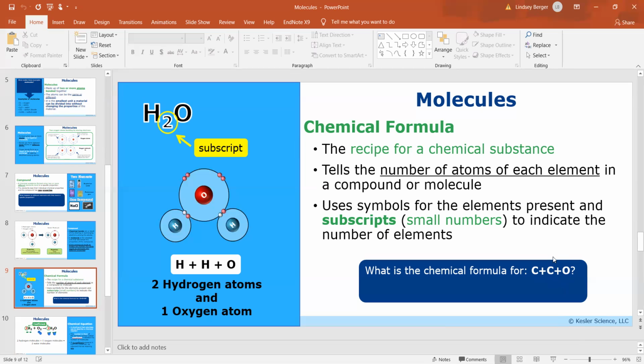How should I write that? So remember, C is carbon and O is oxygen. There are 2 C's. So we're going to put the 2 as a subscript. So we're going to put C2 and then an O, C2O. That would be this particular chemical formula or this particular recipe for this molecule.